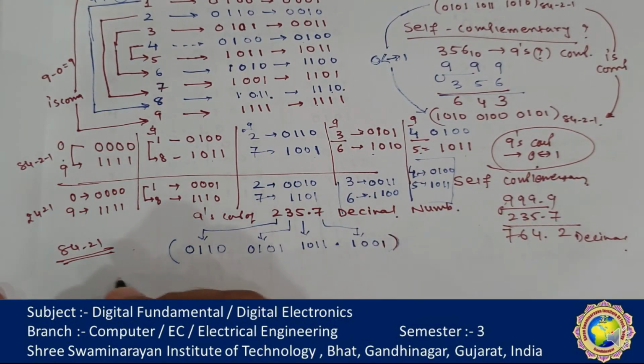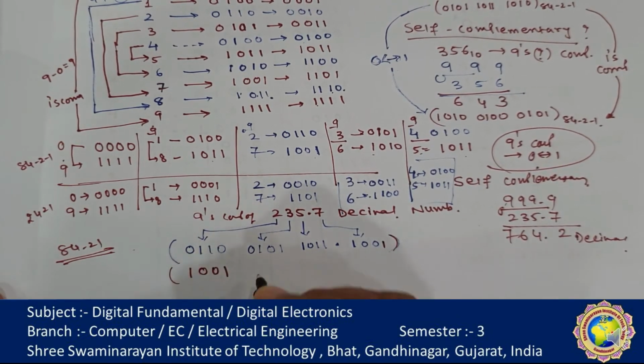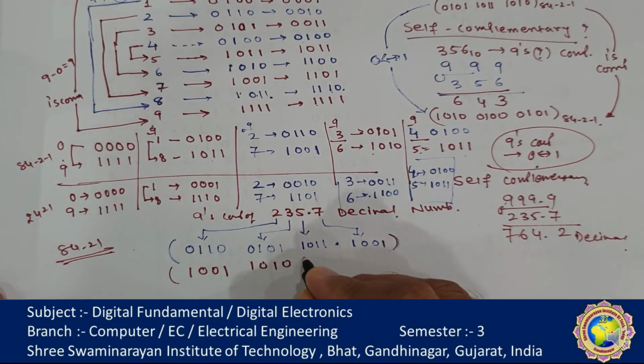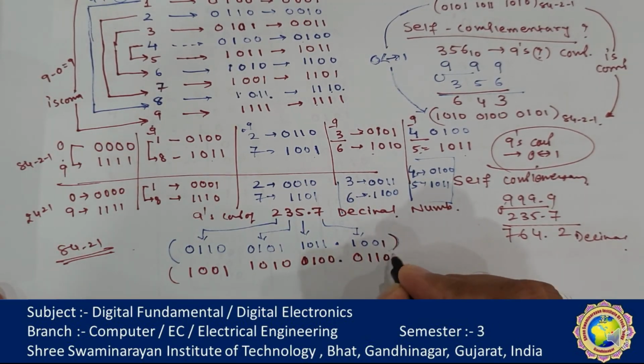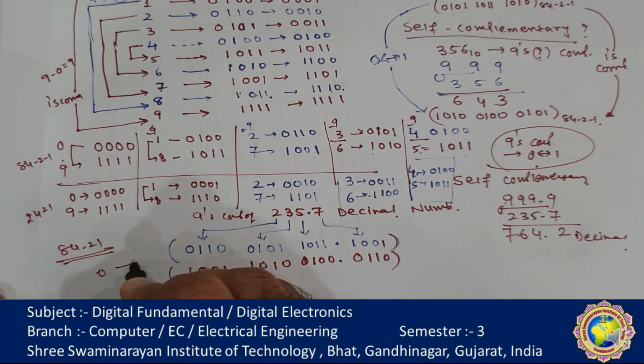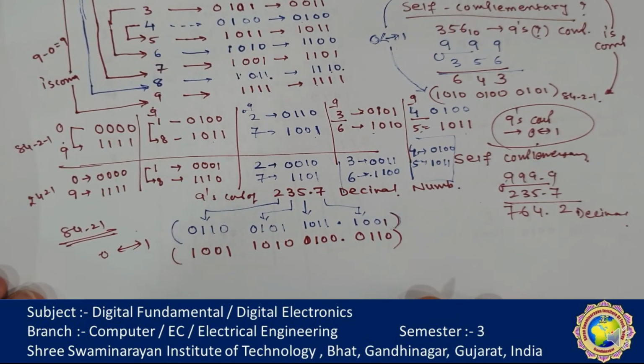Now replace 0 by 1 and 1 by 0. So you obtain 0 1 0 0 dot 0 1 1 0. 0 and 1 are interchanged in this case.